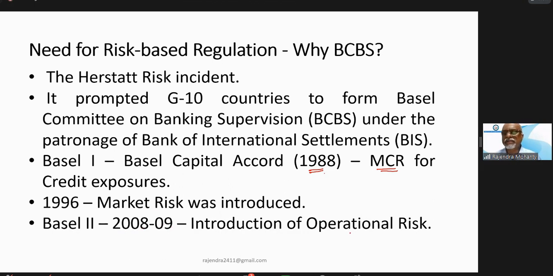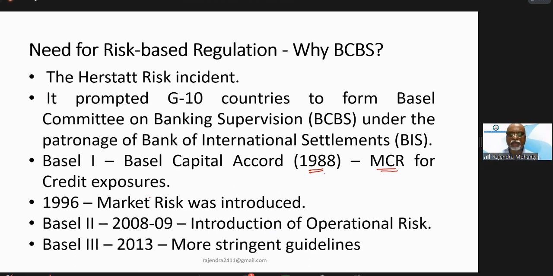So we have to start the market risk process also. Then Basel II was introduced in the year 2008-09, where operational risk was included apart from credit and market risk. And the earlier Basel I was revised with stronger norms, stronger rules and regulation in Basel II.